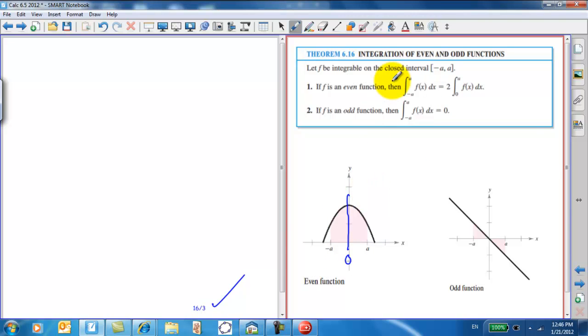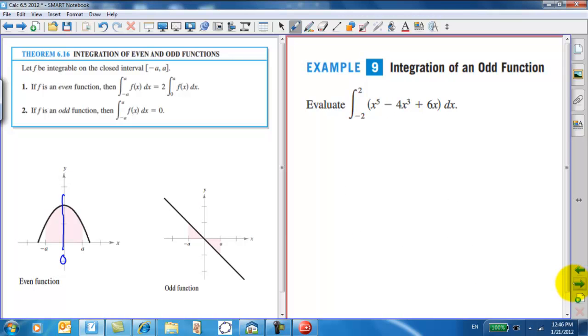So that's a little trick you can do with even functions. With odd functions, notice how this left half and the right half are going to be exactly opposite each other in terms of area, because this is positive area when it's above the axis, negative area when it's below. And so when you go from -a to a for f of x dx, you always get 0 on an odd function. So let's integrate this odd function here.